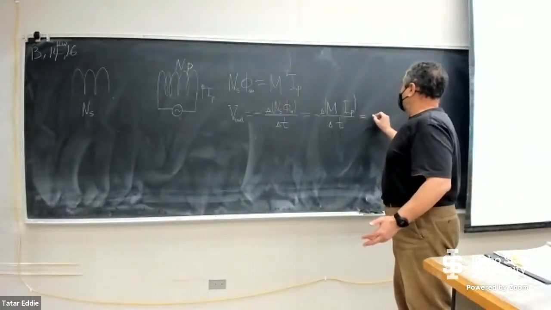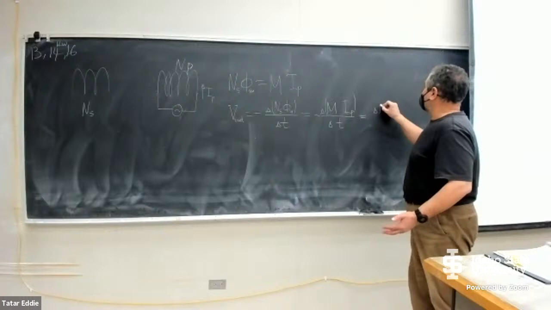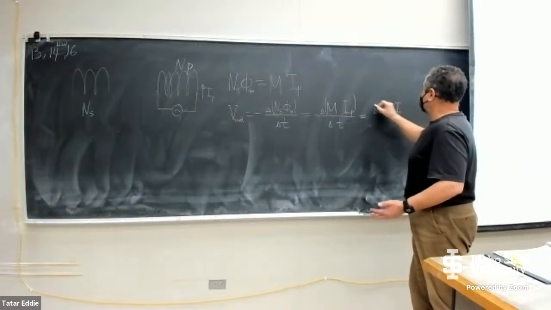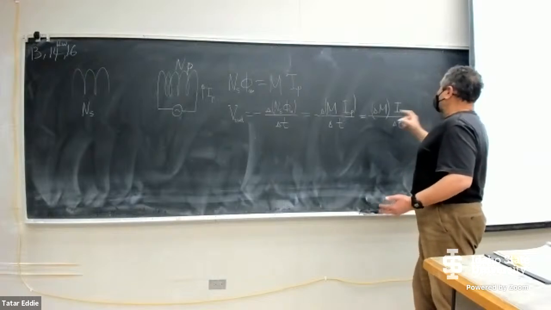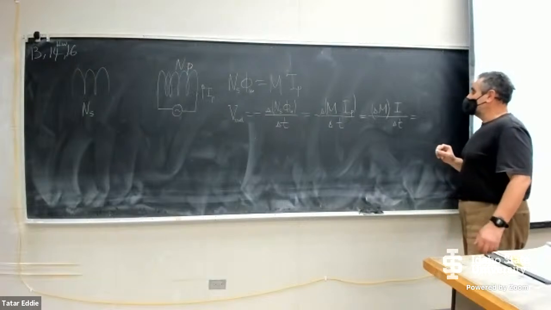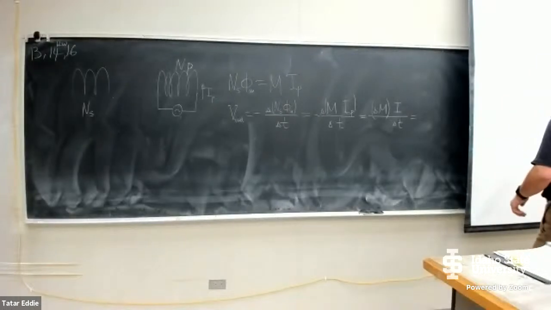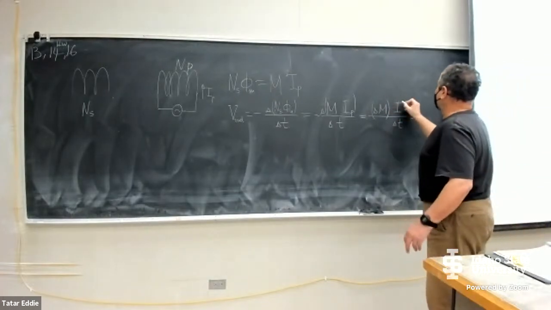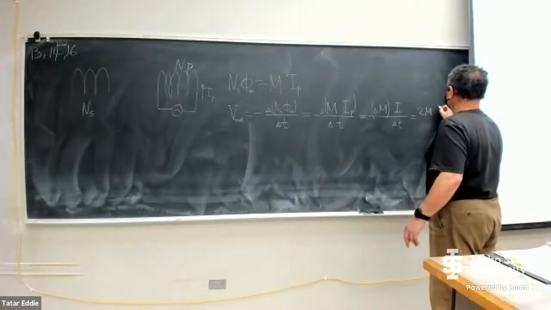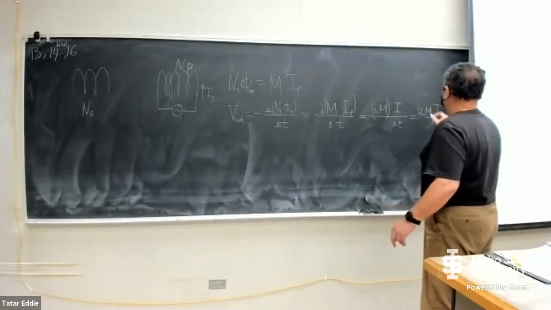The current doesn't change, and the time interval also doesn't change. So the change of coefficient of mutual inductance per unit time: you say it increases mutual inductance by a factor of 2. The new value is going to be, so delta M is 2 times M, I delta t.